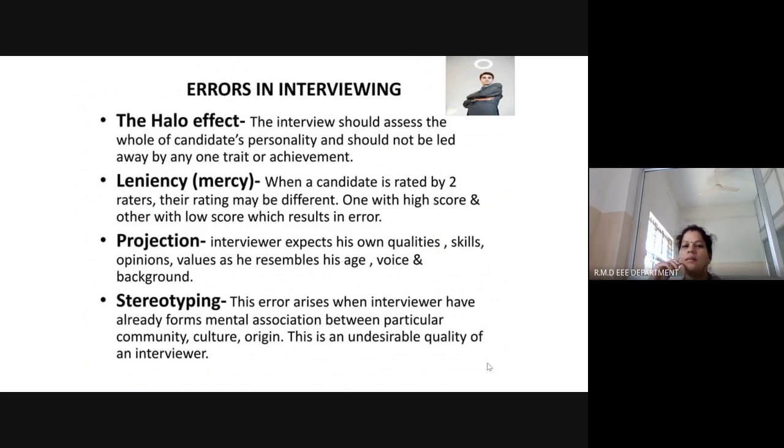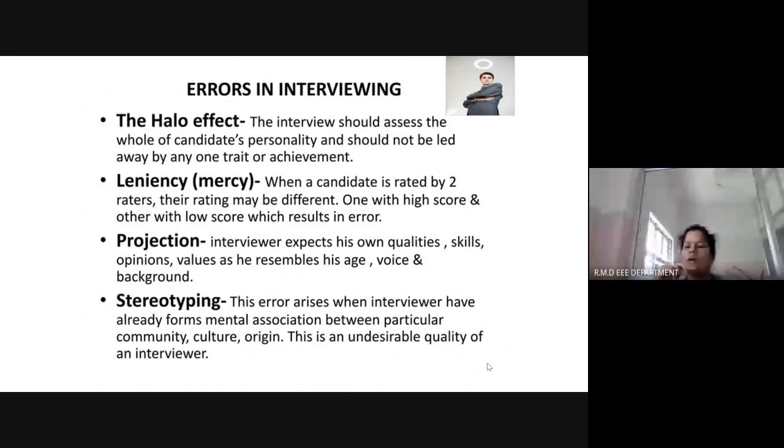Then leniency. There are certain cases where a single candidate is being interviewed by two or more persons, and the interview may be different from one person to another. Some give high scores and some give low scores, and these two definitely result in error.